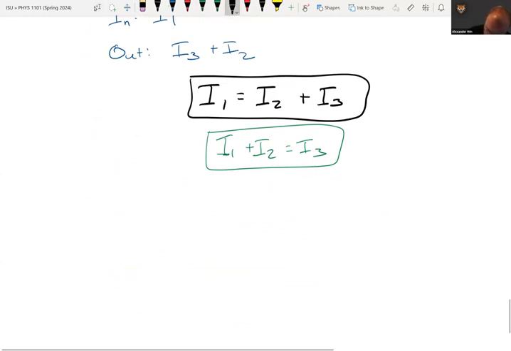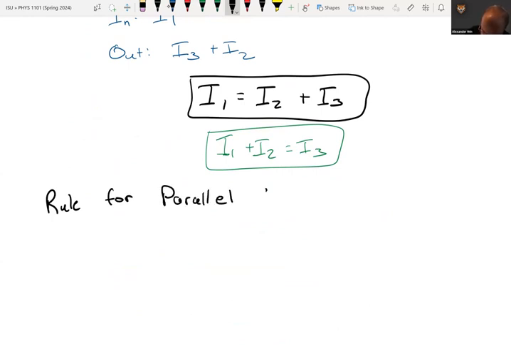Now, the rule for parallel resistors comes from this idea.